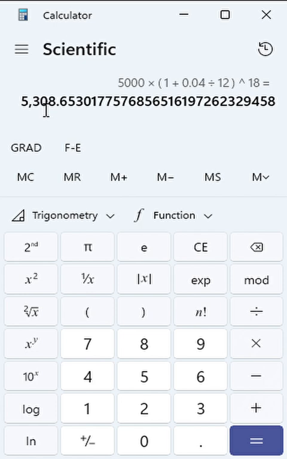Okay, so it's 5308. Again, rounded to the nearest dollar, so the 6 is greater than or equal to 5, you're going to round up. So here it becomes 9, so it's 5309.